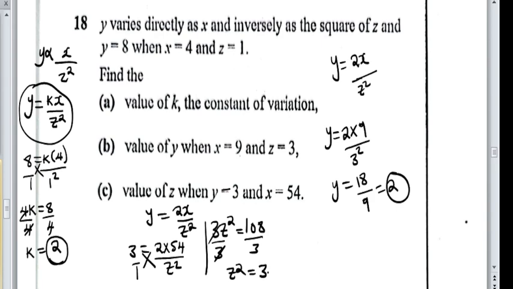It goes there 36 times. You square root, then z will be equal to positive or minus 6. That is the value of z. So that is how you can do questions on variation.